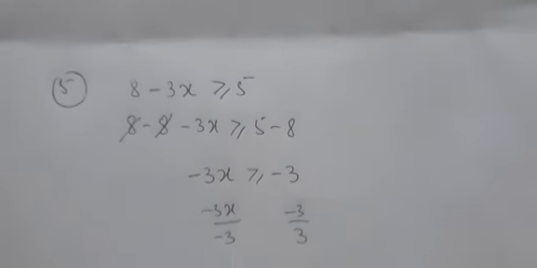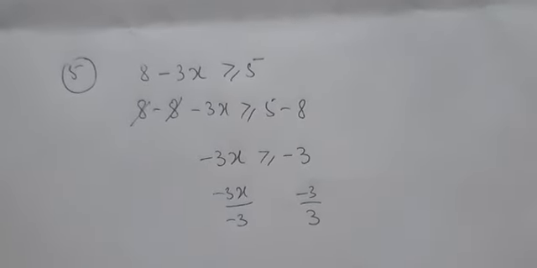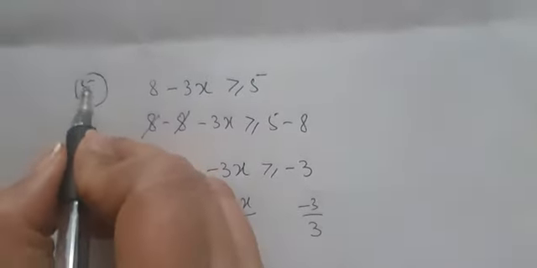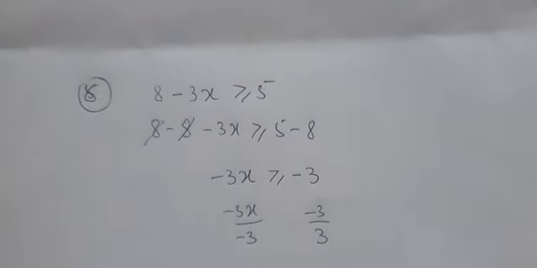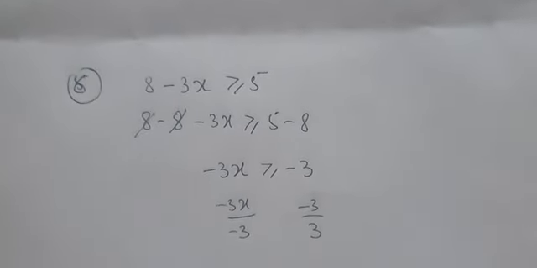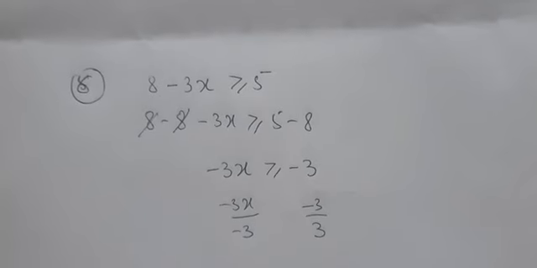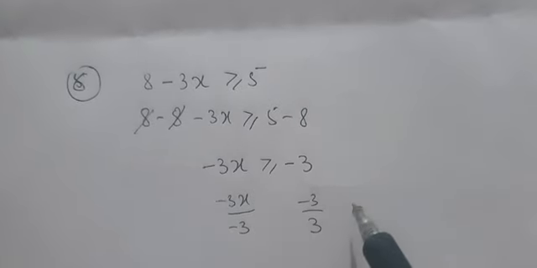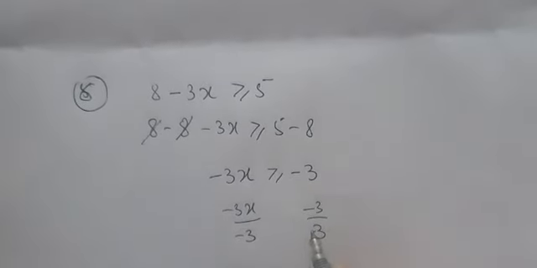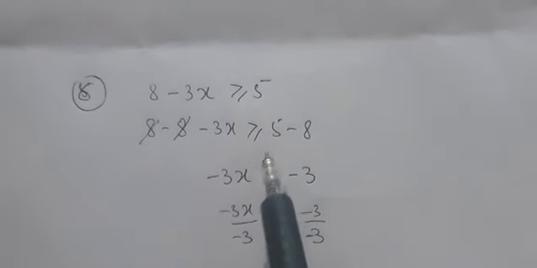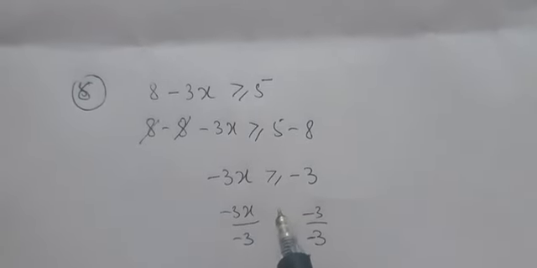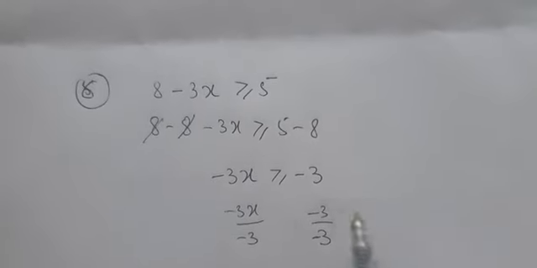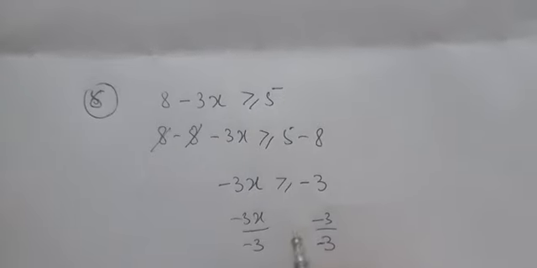As we discussed in the previous problem, whenever we multiply by a negative sign on both sides of the inequality, we reverse the sign of the inequality. This is the rule of inequality: if a is less than b, then negative a will be greater than negative b.